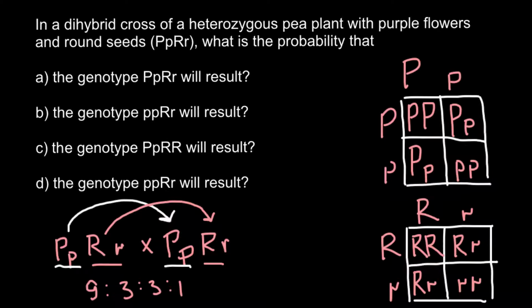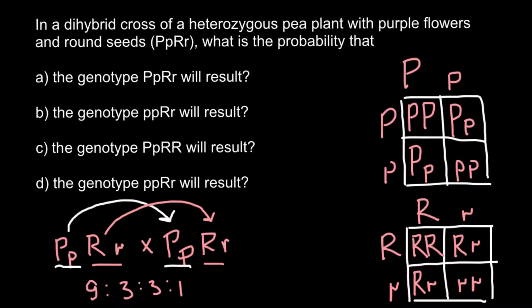So the same ratios. 1/4 is homozygous dominant, 50% or 1/2 or 2 out of 4 heterozygous, and 1 out of 4 or 25% is homozygous recessive. The same ratios are here. So now it's very easy to give an answer.